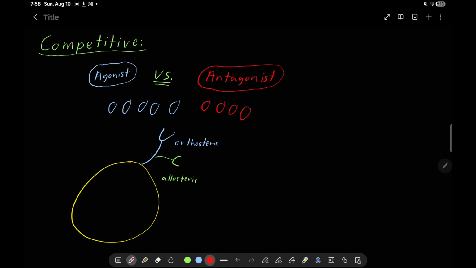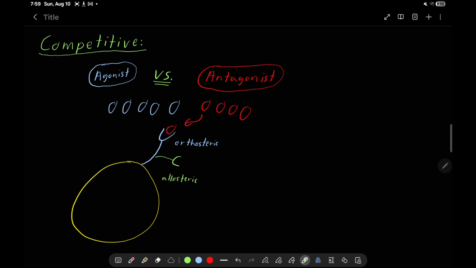So at the start you just have agonist, but then all of a sudden you also add some antagonists. So now this antagonist is going to be competing with your agonist because they're both competing to bind onto the same site. Hence the name competitive antagonism. So the effect of this is that your agonist is going to have a harder time binding to these receptors because it's now competing against something else. Let's say your antagonist gets there first and it comes and binds to your orthosteric receptor.